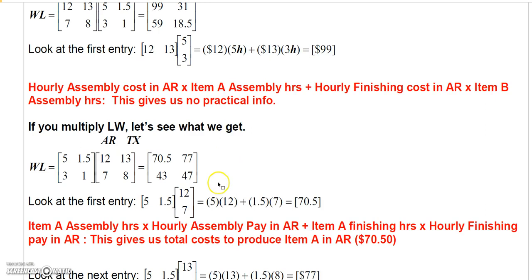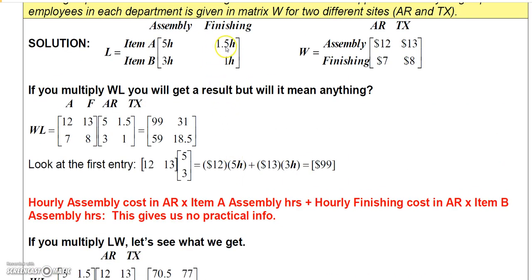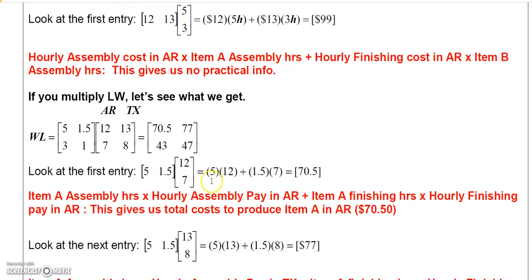So it's going to cost $60 in wages to create item A in assembly. But now look at the second product, 1.5 times 7. That's the number of hours to finish item A times the cost for finishing in Arkansas. If we add those together, we get the total cost for item A in Arkansas, which is $70.50.